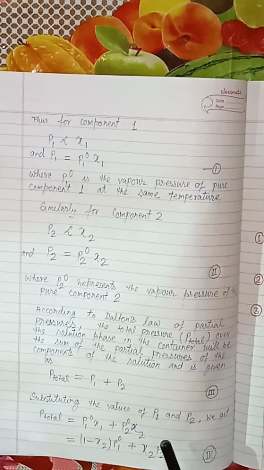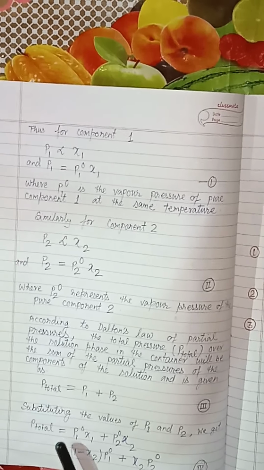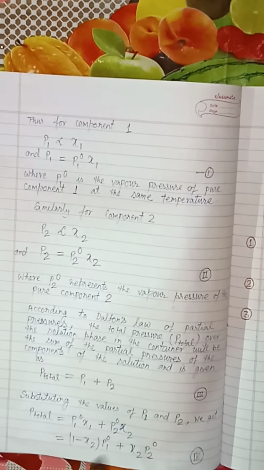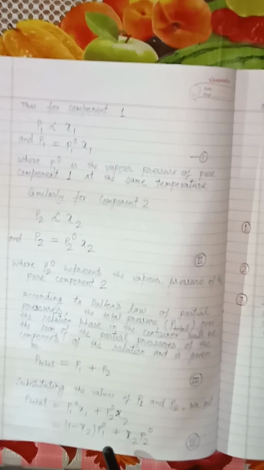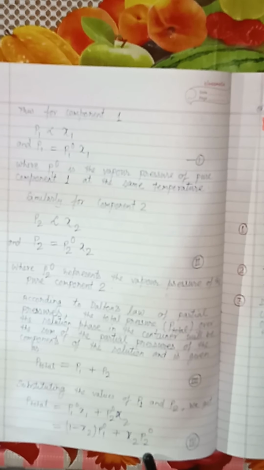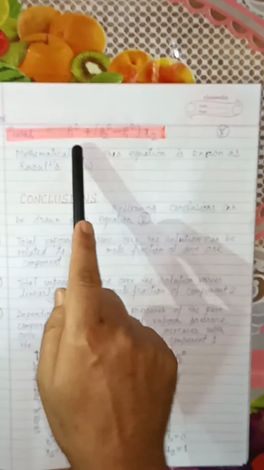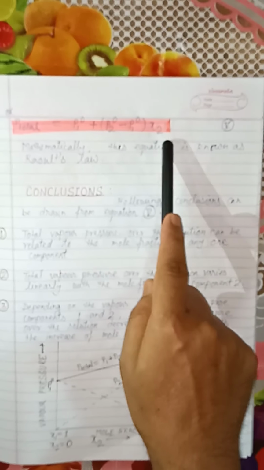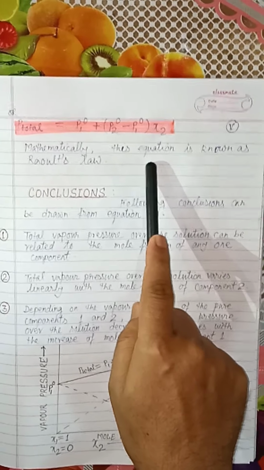Substituting the value of P1 and P2, we get P total equals P1 naught chi1 plus P2 naught chi2 equals (1 minus chi2) into P1 naught plus chi2 into P2 naught, equation 4, or P total equals P1 naught plus (P2 naught minus P1 naught) into chi2, equation 5. Mathematically, this equation is known as Raoult's law.